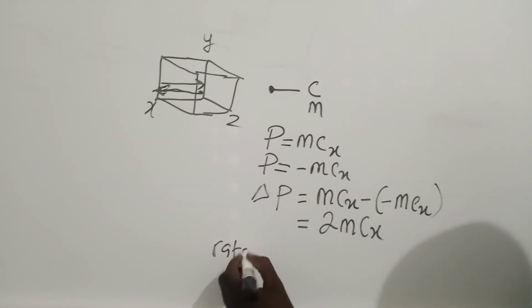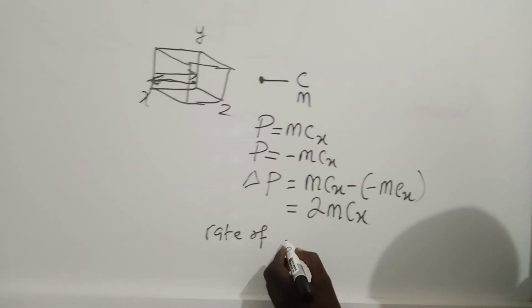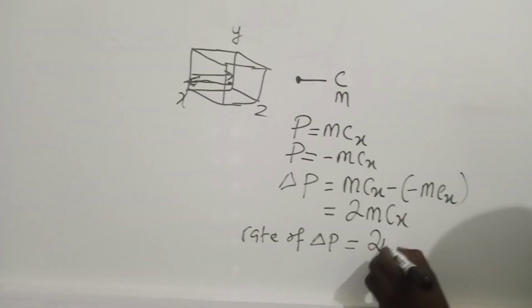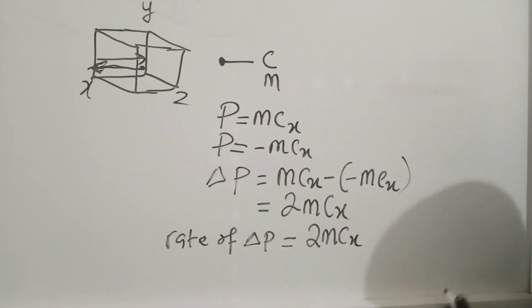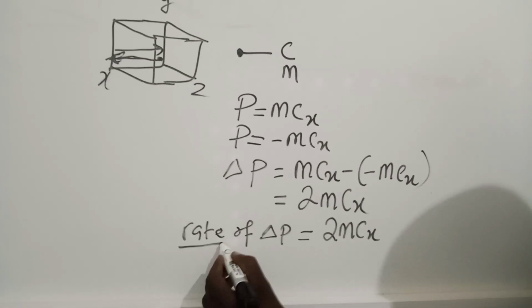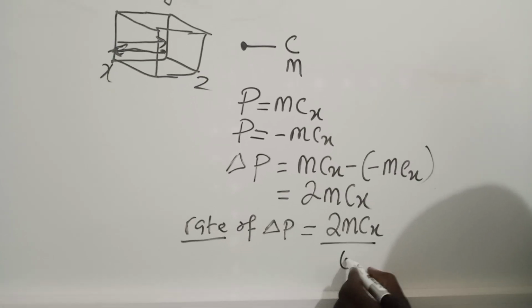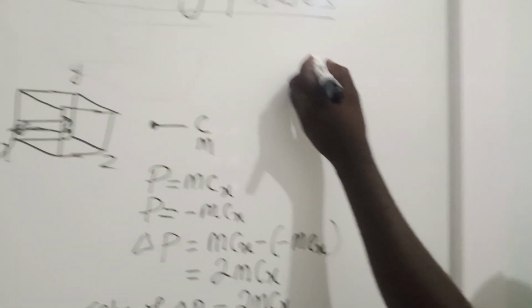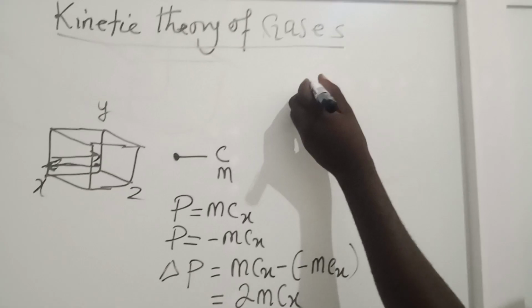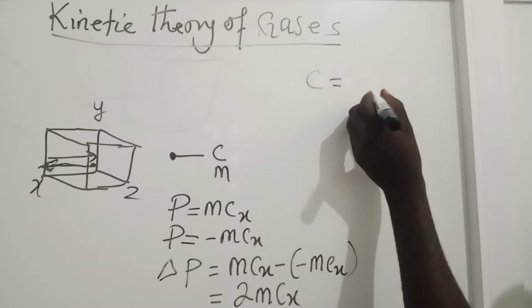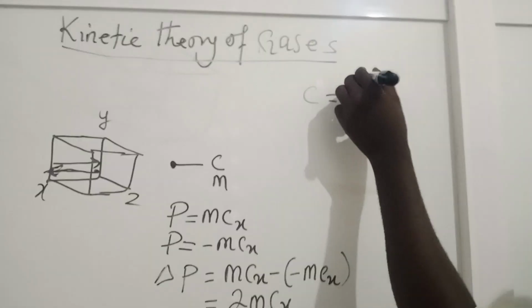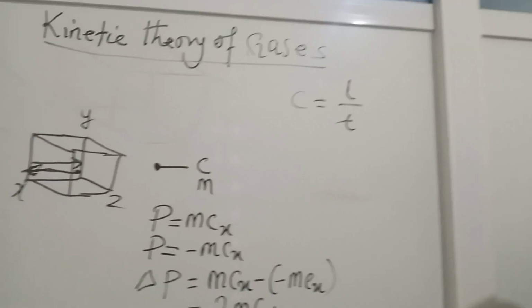So the rate of change of momentum is 2mcx, and whenever we say rate, it means divided by time. From our basic physics, velocity is equal to distance over time. L stands for distance and T stands for time.